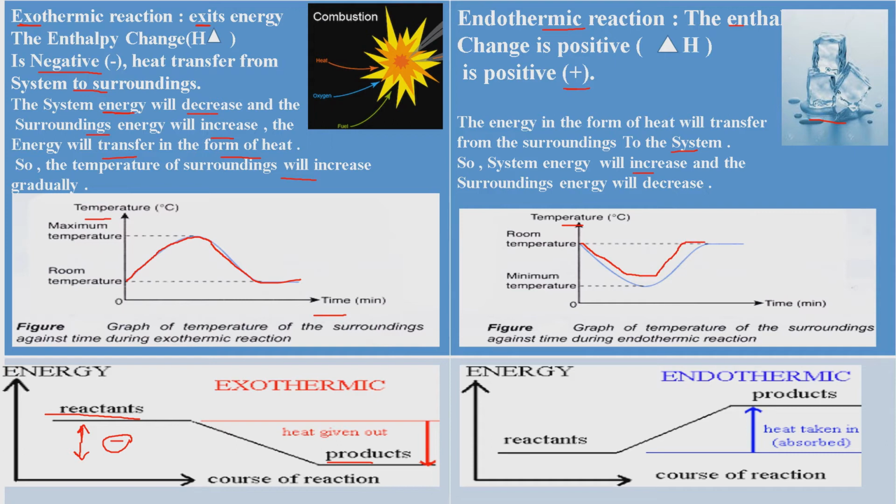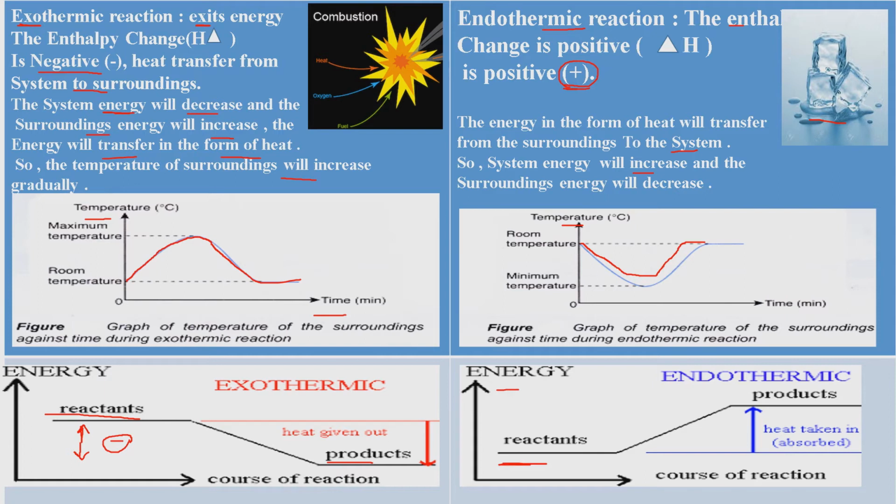The energy diagram indicates that the enthalpy change of your reaction is positive, or the change in heat content is positive. The energy of your reactants is low; the reactants' energy is lower than the products' energy.